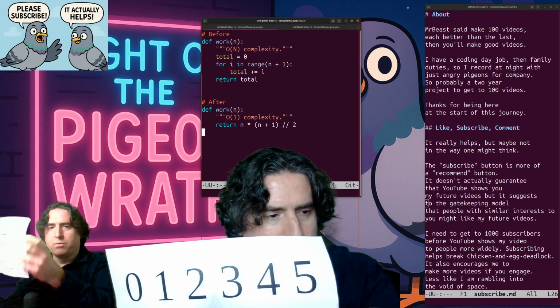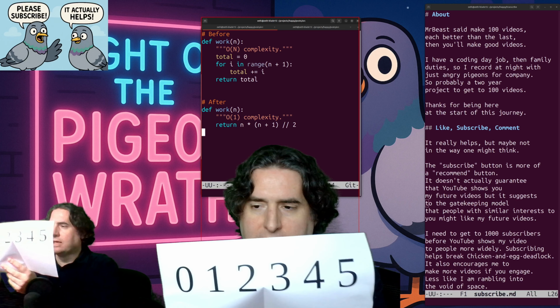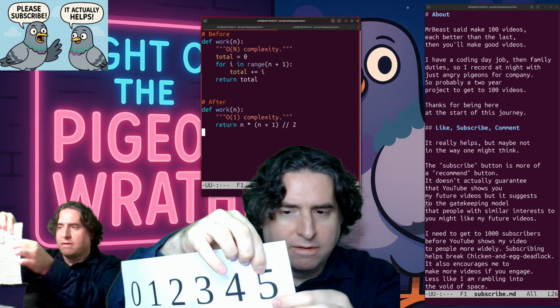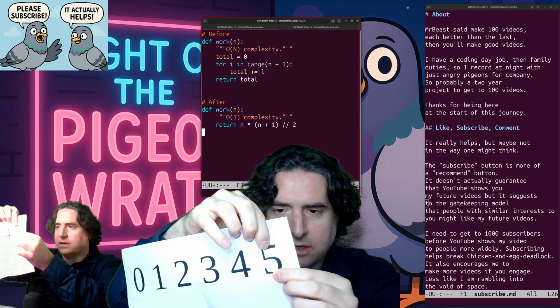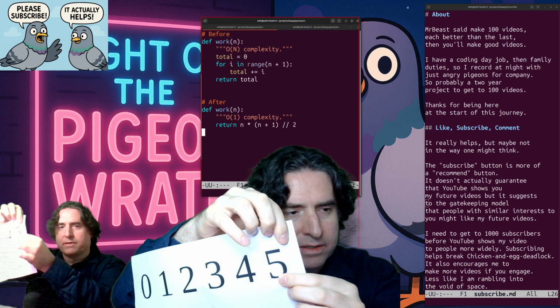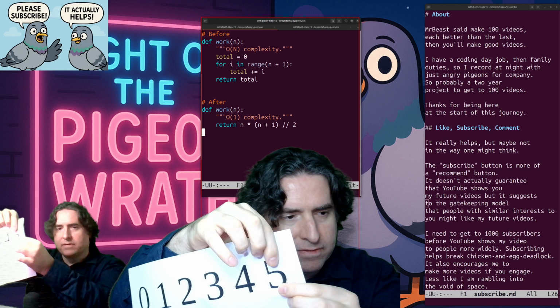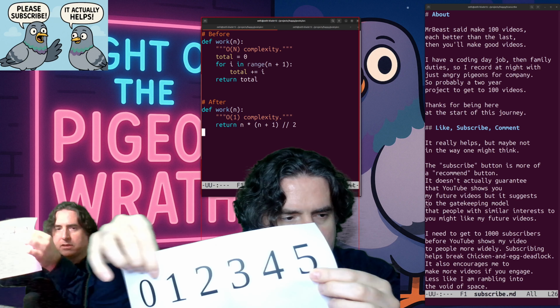And then we can make it even simpler: 5 is n, plus n plus 1, so that's 6. So 6 times 5 is 30, and because they're pairs, we divide by 2. So 6 times 5 is 30, divided by 2 is 15.